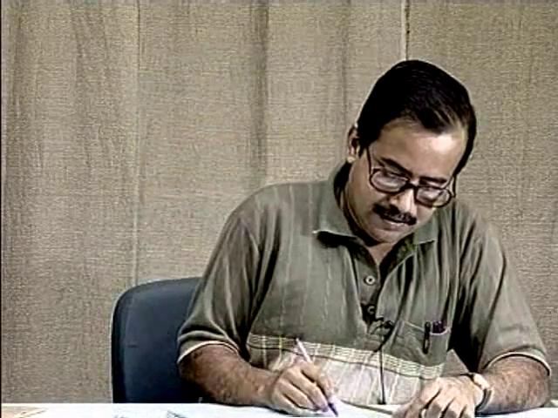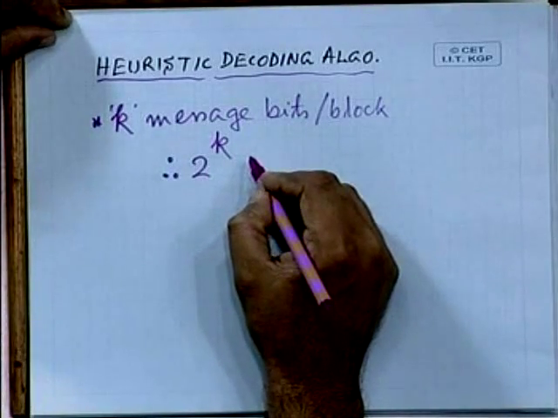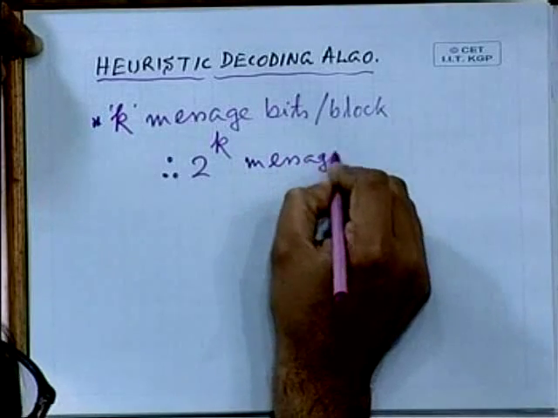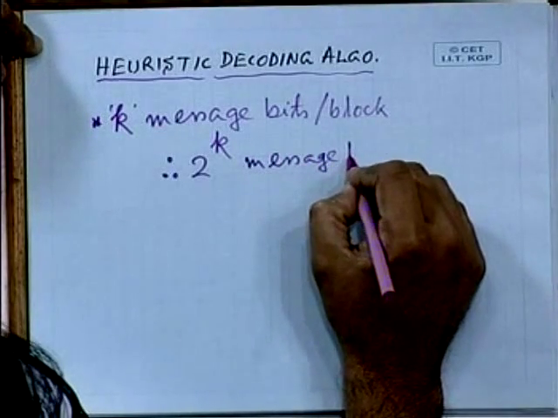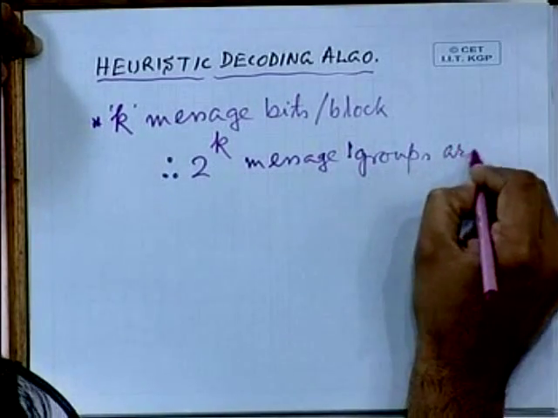Can you tell me how many different message groups of k bits each are possible? 2 to the power k. I have a k bit group and the pattern may be anything, so the maximum number of patterns is 2 to the power k. 2 to the power k message groups are possible.